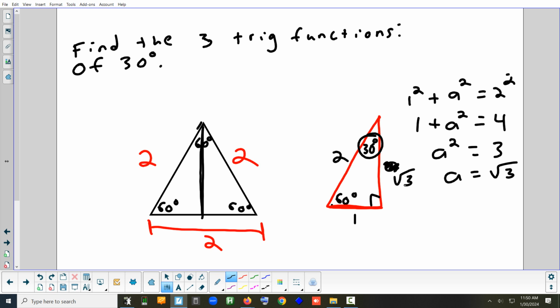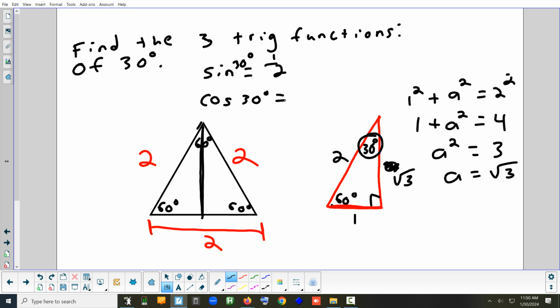Okay. Now, I want the sine, the cosine, and the tangents. What's the sine of 30 degrees? 1/2. Yep, 1/2. Oops, I forgot 30 degrees.